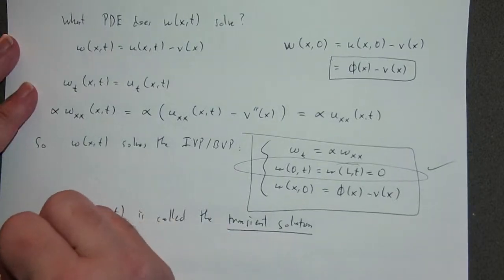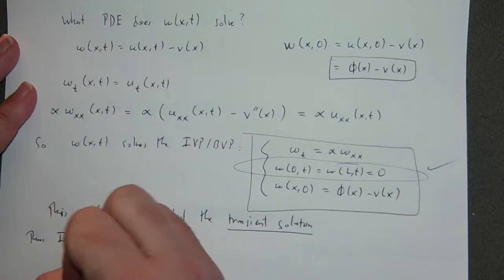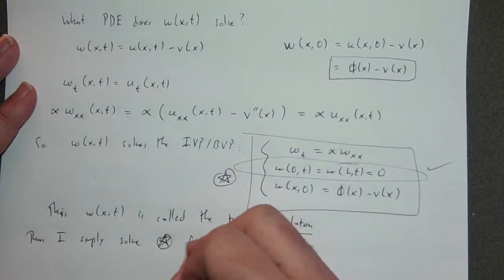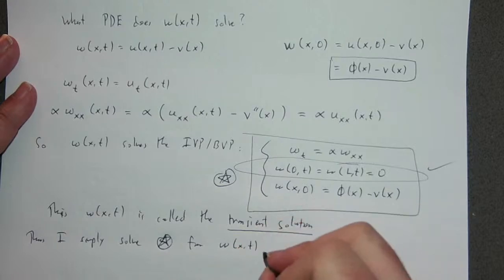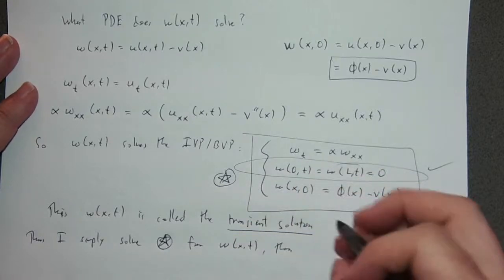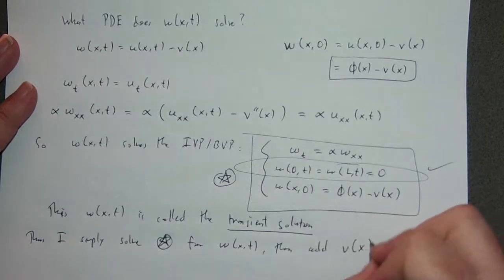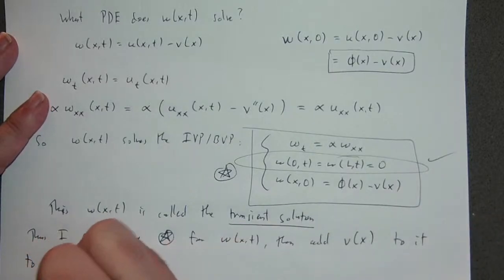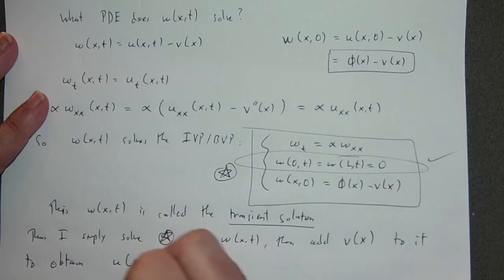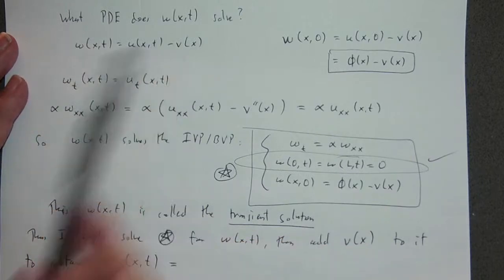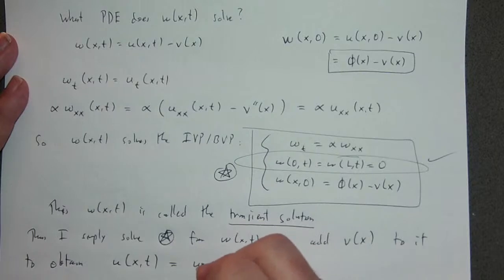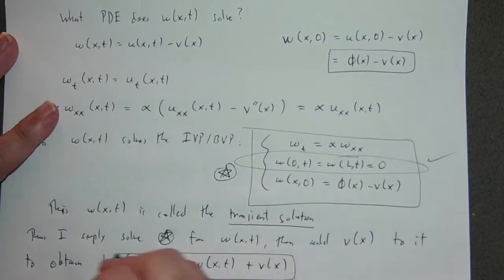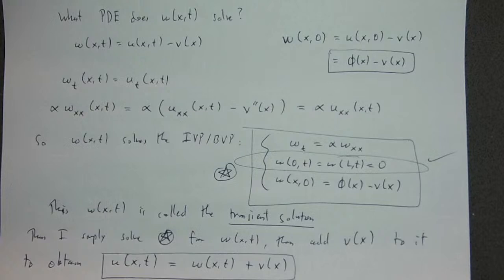Thus, I simply solve, we'll call this star, for W of x,t, then I add my steady state solution V of x to it to obtain U of x,t, which, if W is U minus V, then U is W plus V.